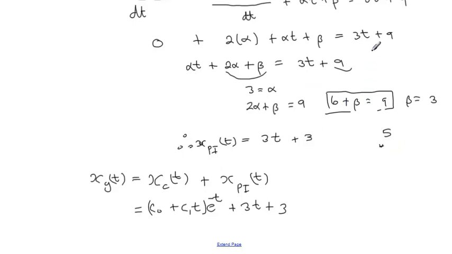And now in this case, when we had the right hand side being a linear function, 3t plus 9, that also suggested that the trial solution xpi be some linear function alpha t plus beta. The message is, whenever the input is a certain type of function, then the trial solution must be the same type of function, then substitute accordingly in the equation and determine that.